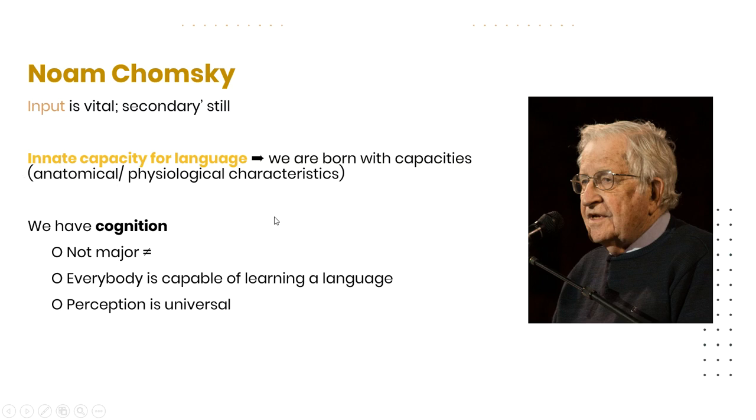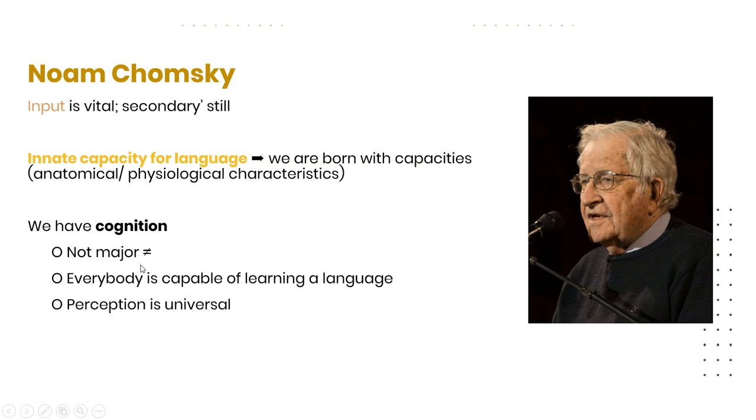We're born with capacities, for example, anatomical, physiological. So then, if we're born with anatomical and physiological characteristics, this is yet another characteristic that defines human beings, this capacity for language. He says that we have cognition. This is one of the major differentiating features of human beings with respect to other species.